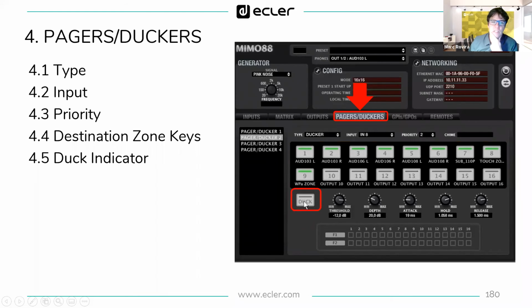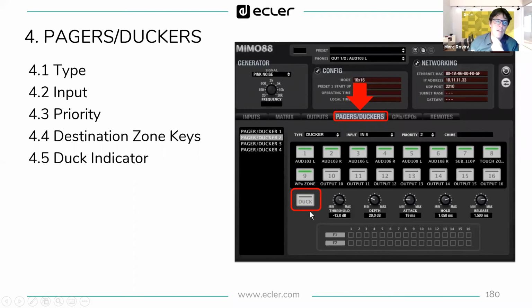And here's the ducker indicator. So whenever this is in green, as this one, the signal, in this case input 8, is routed to all of these outputs. If it's not over minus 12 dBs, then it's not routed.